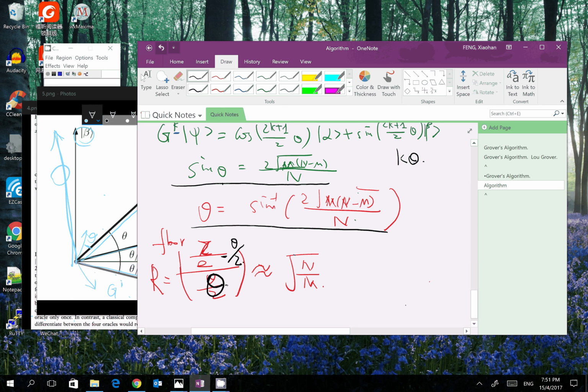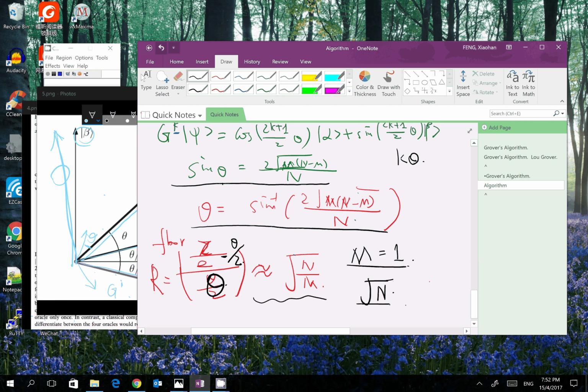The floor function means the closest integer that is less than or equal to the input, and this is approximately square root of n over m. So if there's only one target, with m equal to 1, we need to apply the Grover iteration square root of n times.